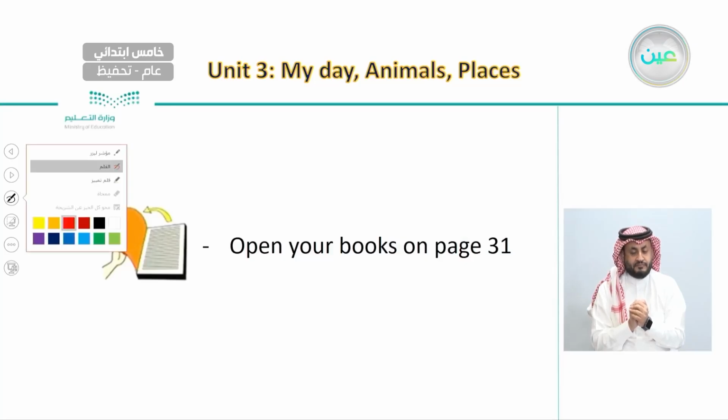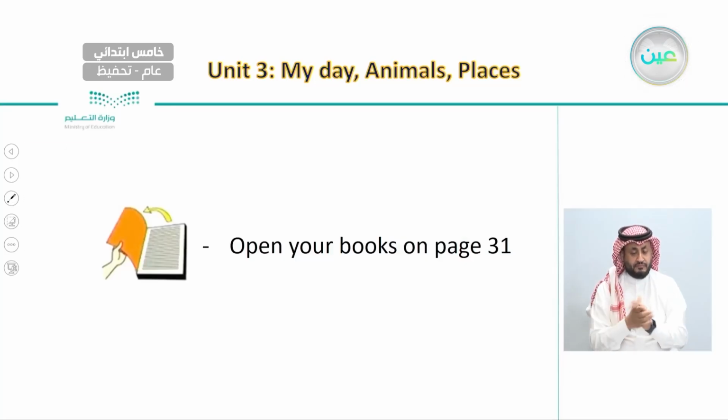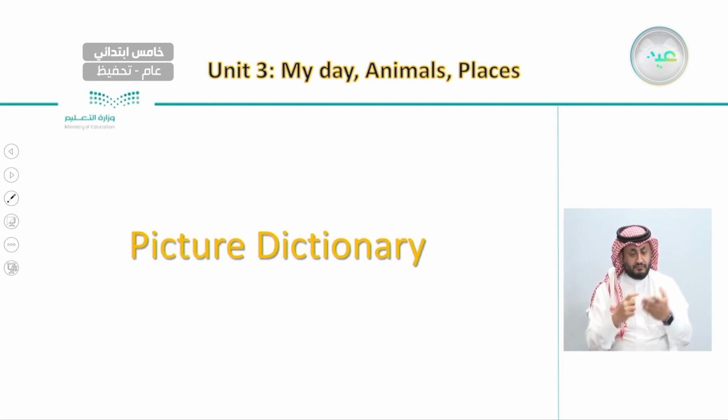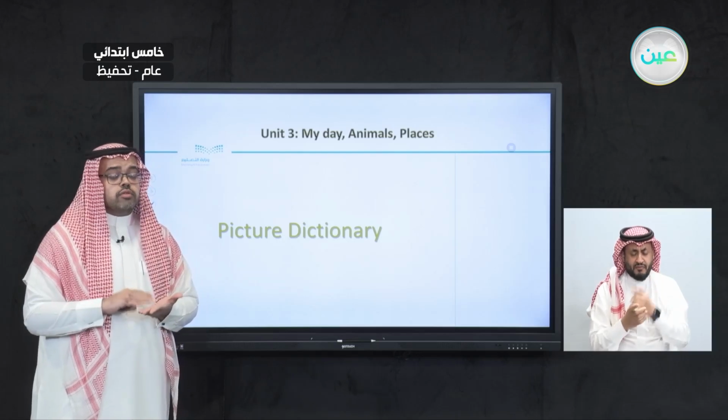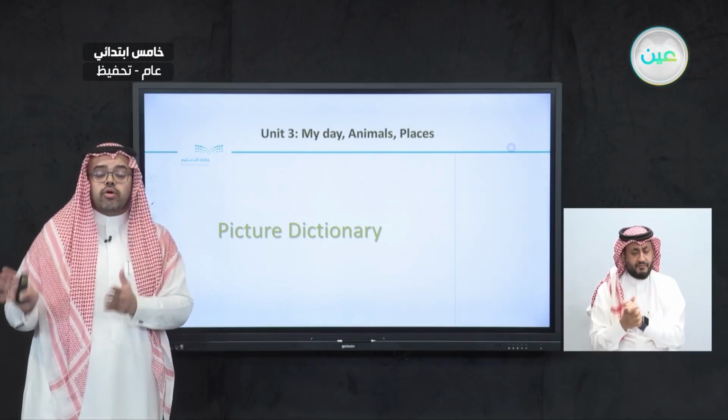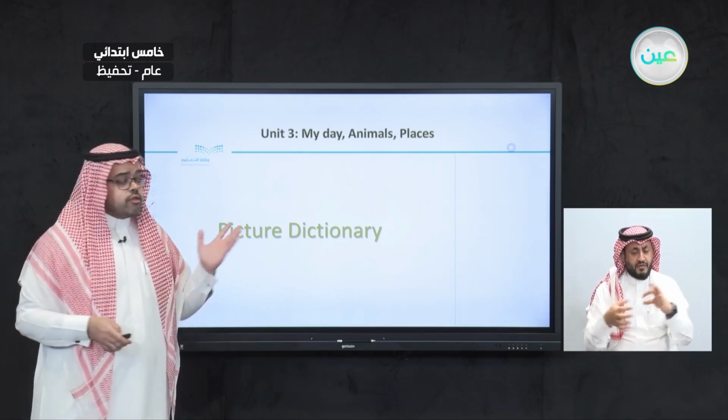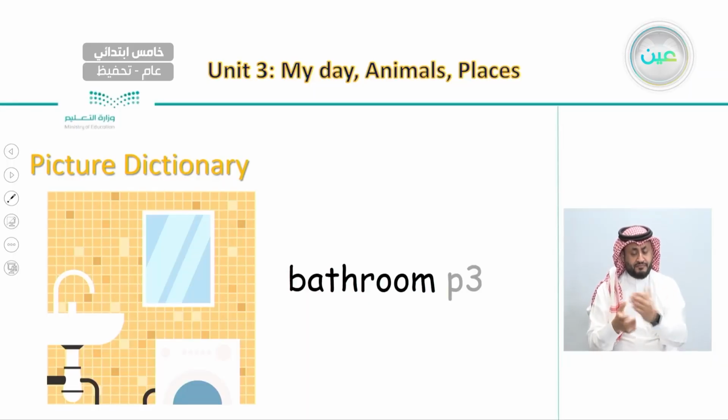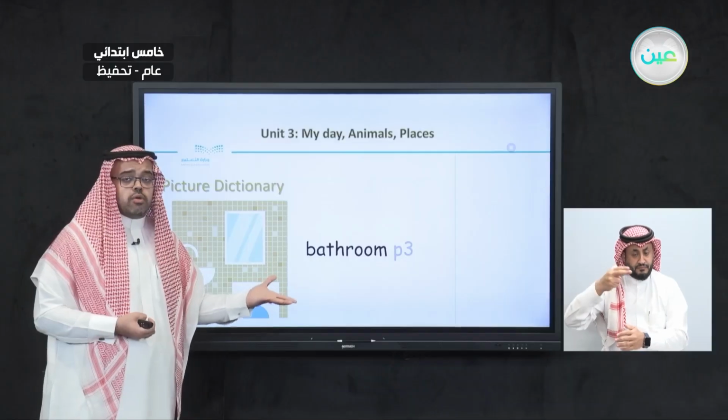Now, on page 31, the first lesson we had is a picture dictionary, where we see words and read the words along with the picture. The first word we have is bathroom. Bathroom is one of the rooms we have in our homes, where we go and wash our faces and take a shower.